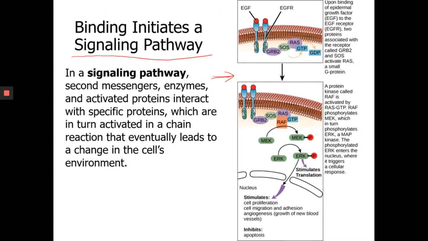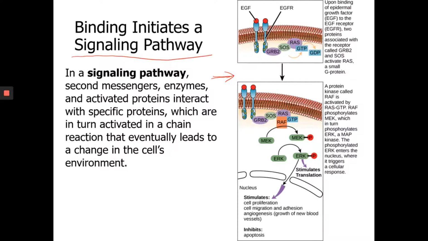The signaling pathway can be very complicated. There are so many proteins that are activated or deactivated, and eventually gene expression is probably going to be altered. Okay, so let me just use this figure as an example. I know there are a lot of different proteins in this figure, so just follow me.